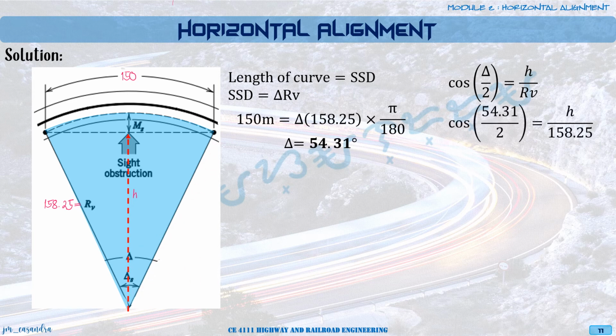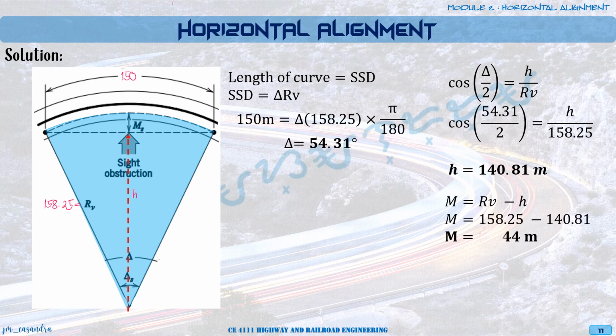So we'll have now h is equal to 140.81. So since we know our radius, you know already our h, we can now solve for our m. And m now is equal to RV minus h, and it will give us a value of 17.44 meters. Okay? So this is not yet our final answer. This is just the value of our middle ordinate for our critical curve.